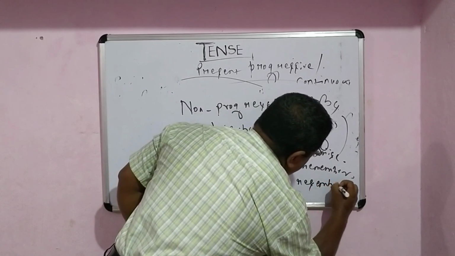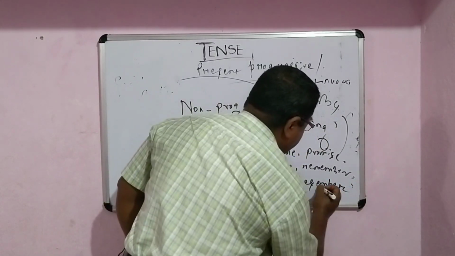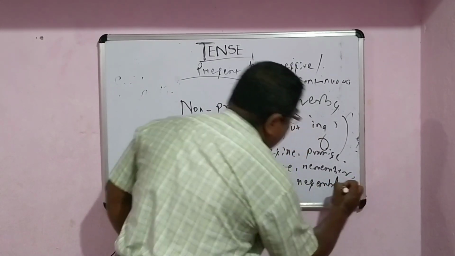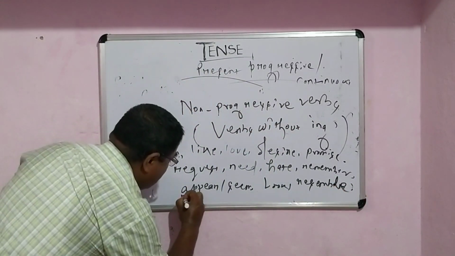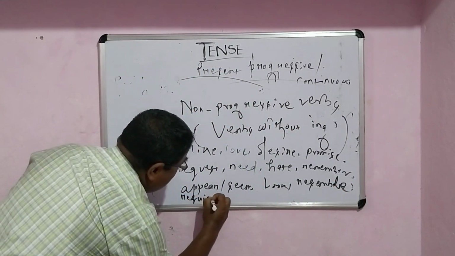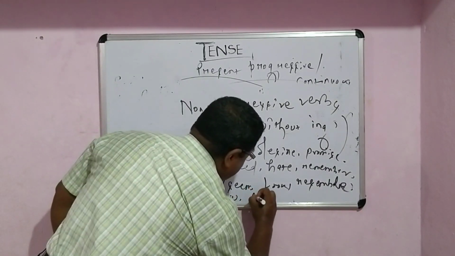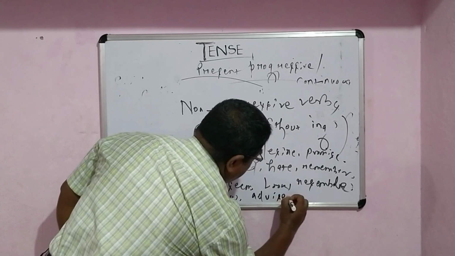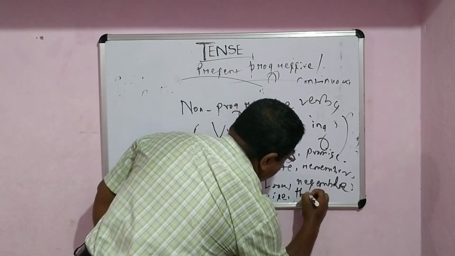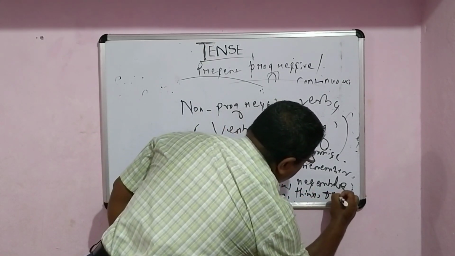That means if two persons look alike, this is called resemble, R-E-S-E-M-B-L-E. Then require, then vow, which means make a strong promise. Then advise, A-D-V-I-S-E. Then think, then feel.